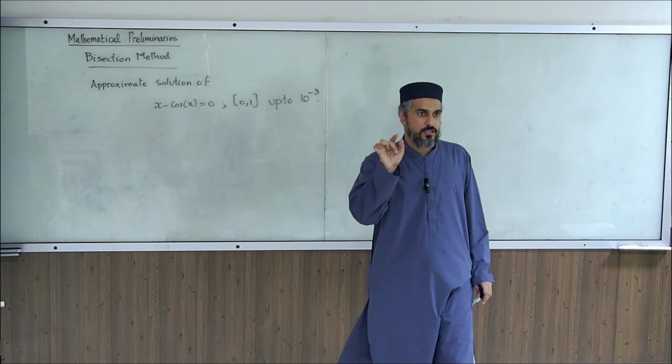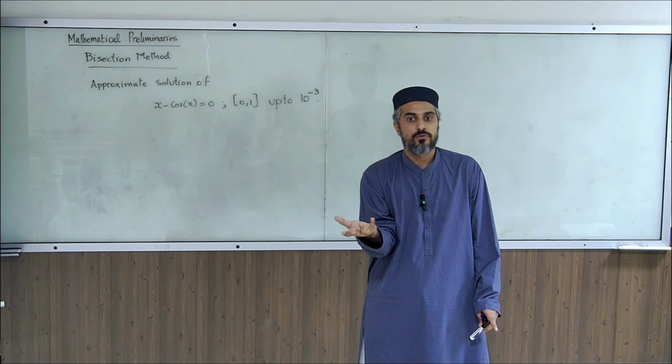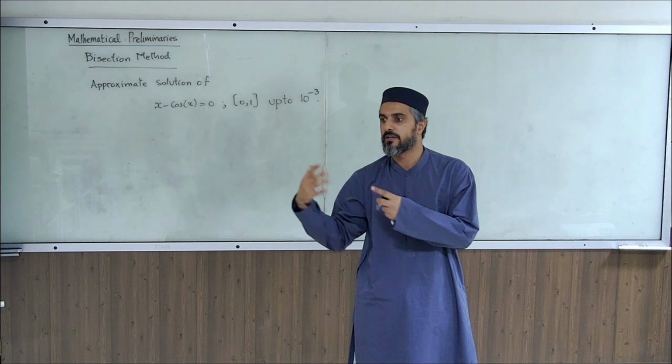Now this is a key point that you need to connect, that we want to have a solution up to this accuracy, because if I wanted an approximate value of pi, that can be 22 by 7, up to 2 decimal places or up to 3 decimal places, but not beyond that.